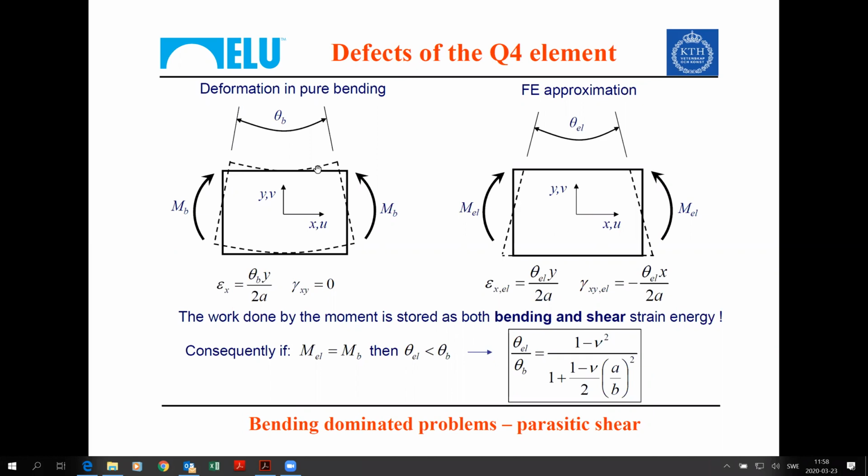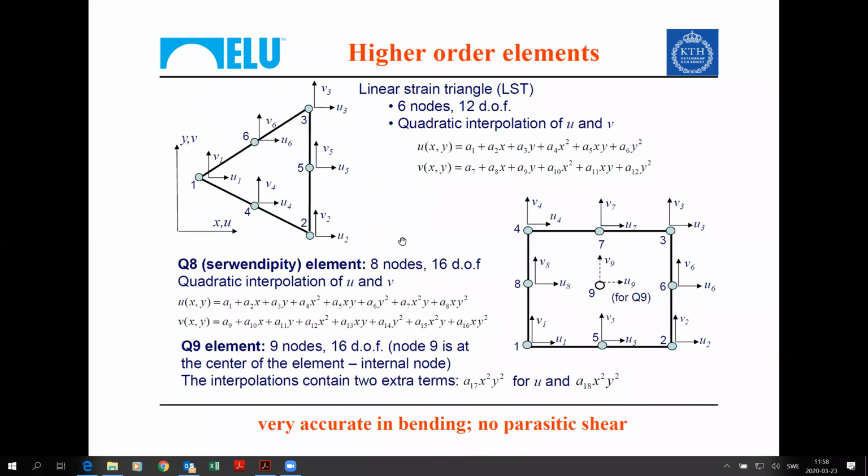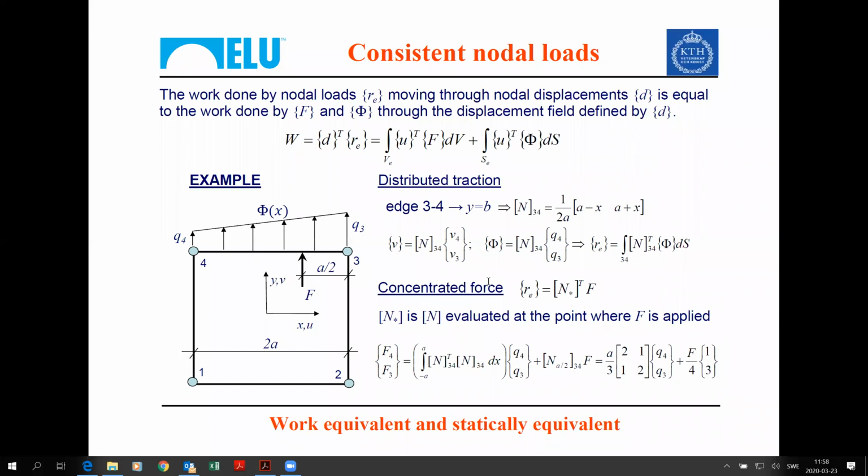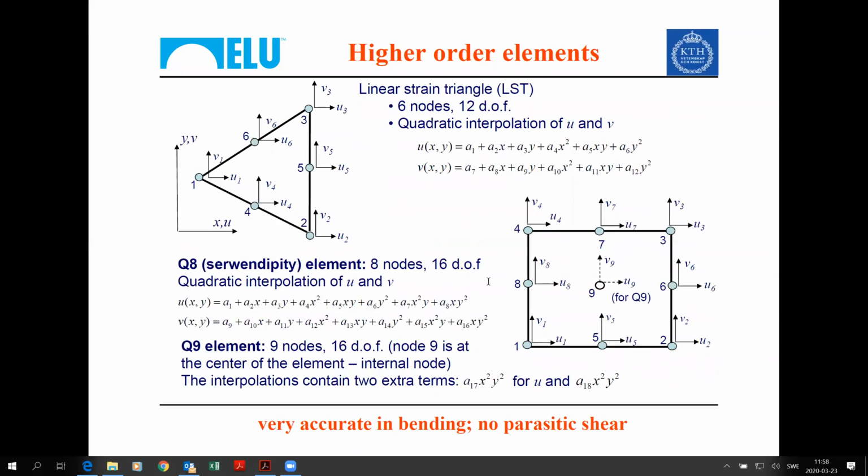This deformed shape can be very well accommodated by this curve, by this second order polynomial. Now, what is the consequence of this? The consequence is that the element is very accurate even in bending dominated problems, and there will be no parasitic shear appearing in the response of the element. So this one can be trusted for bending dominated problems.